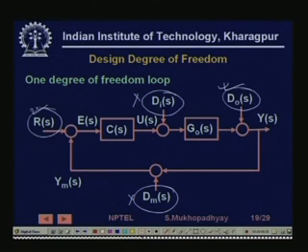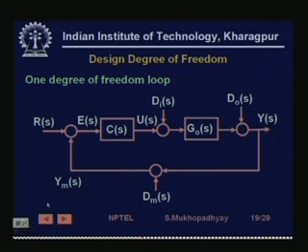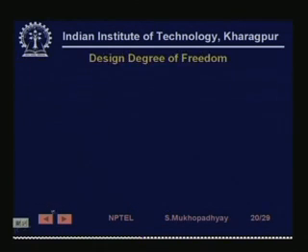We want good set point tracking, so the response Ys by RS we want to shape, and at the same time we want good disturbance rejection. This response Ys by D0S also we want to shape, but that is not possible because this is a 1 degree of freedom controller. Using CS you cannot select both of them independently, that is obvious from the equations.